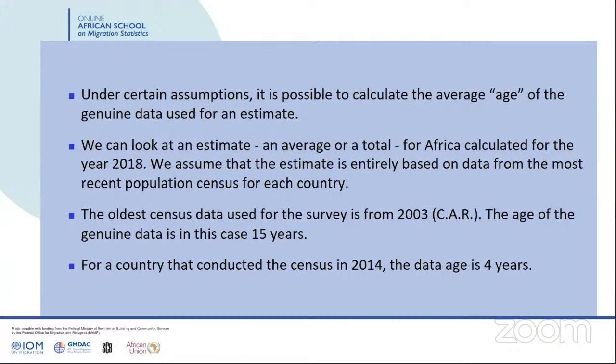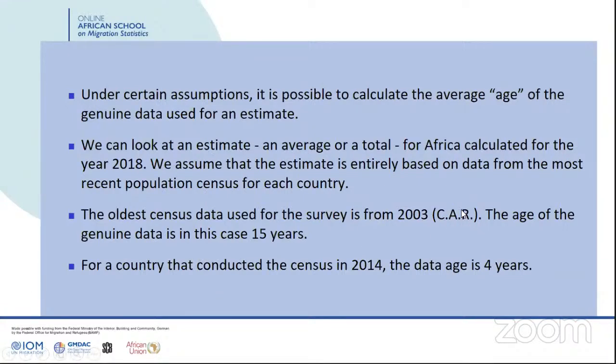Now I'm trying to calculate how old are the empirical, genuine data points in our data. Let's say we want to estimate something for the year 2018. And we assume that the estimate is entirely based on data from the most recent population census for each country.